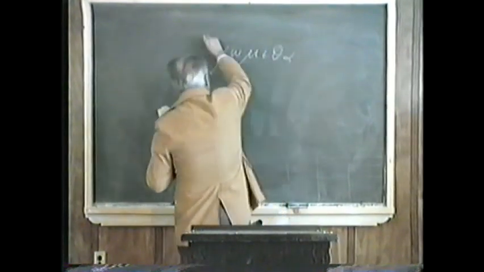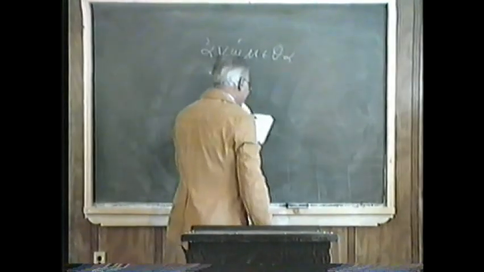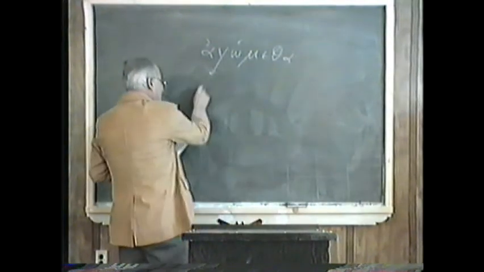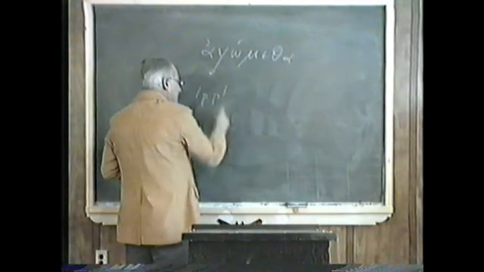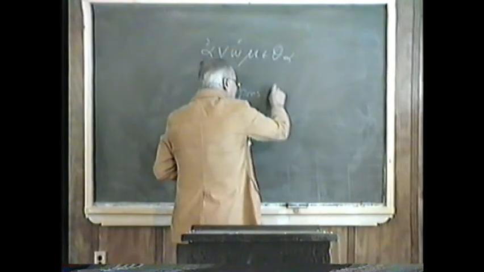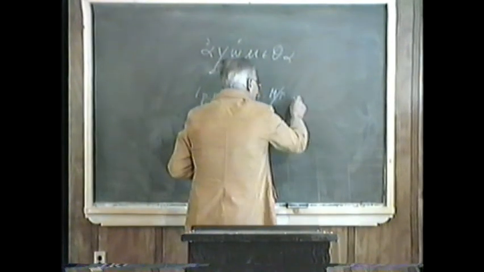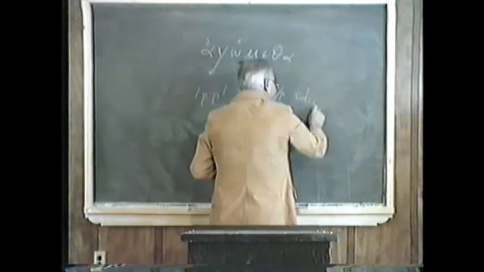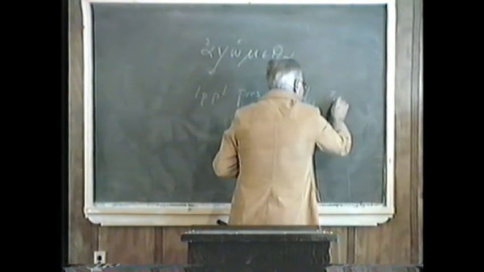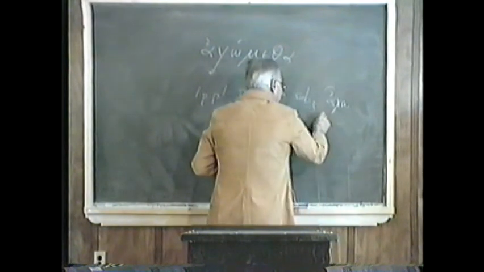I think I never thought about that. Agometha. Oh, yes. You translate it as first person plural, present, middle or passive, subjunctive of ago, I go.